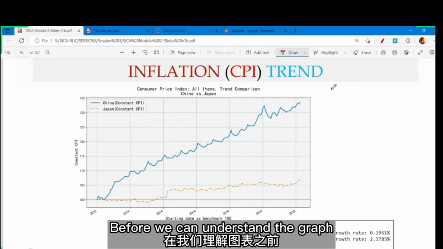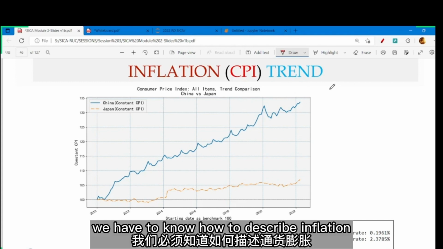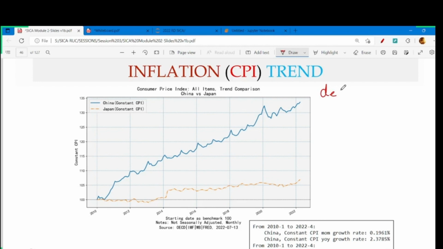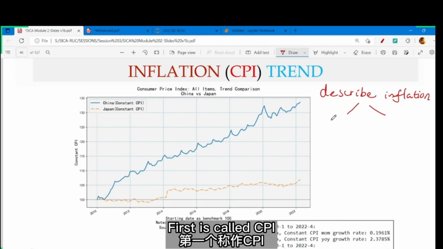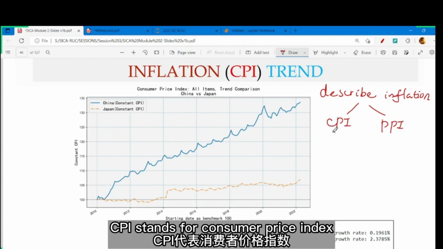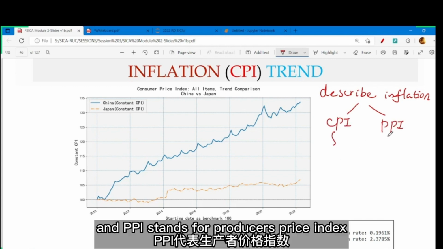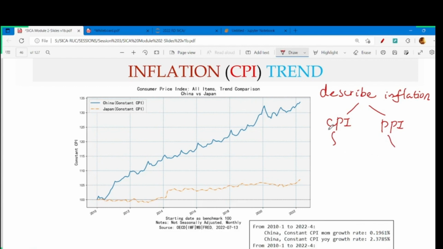Now, before we can understand the graph, we have to know how to describe inflation. How to describe inflation? We usually have two measurements. First is called CPI. Another is called PPI. CPI stands for Consumer Price Index, and PPI stands for Producer Price Index.